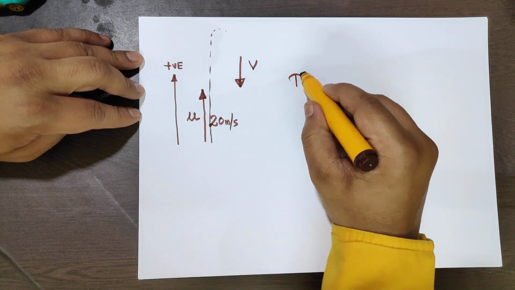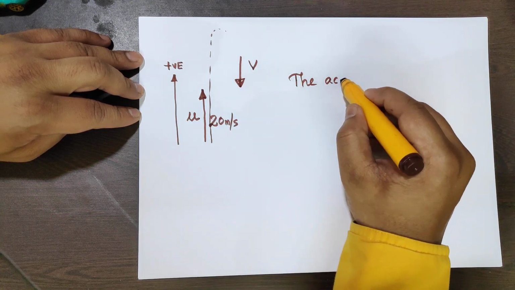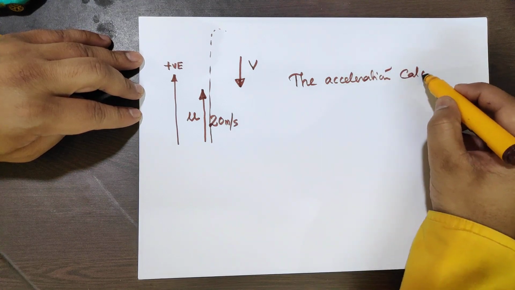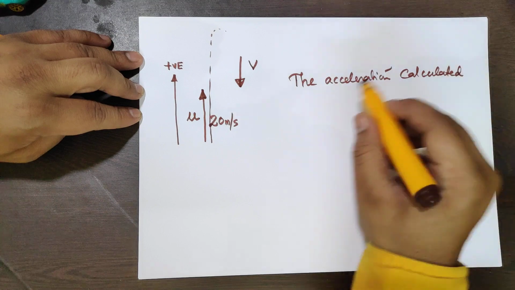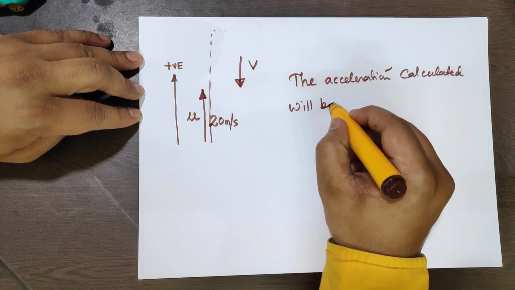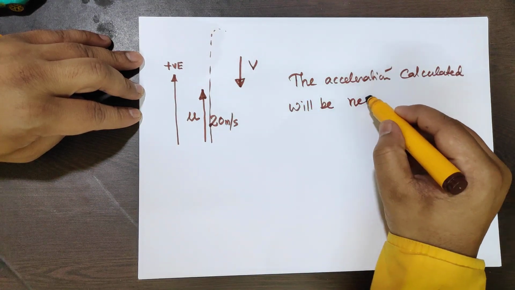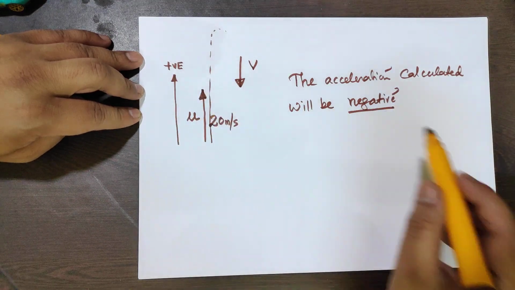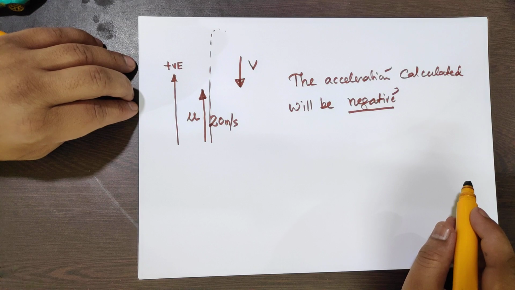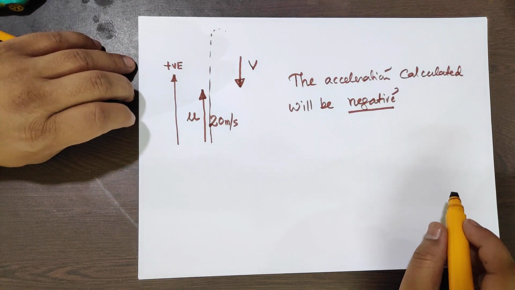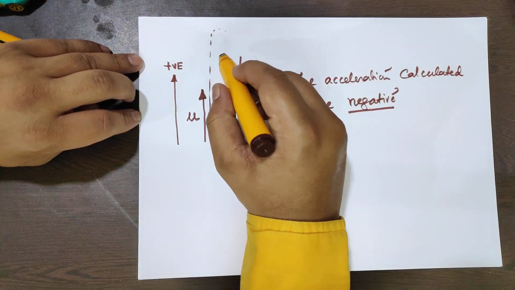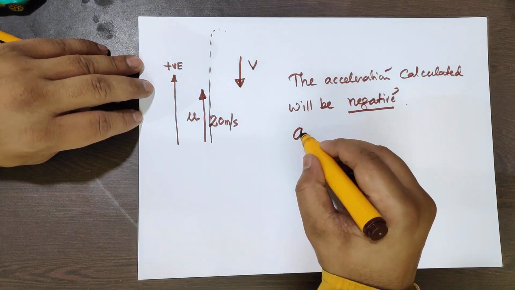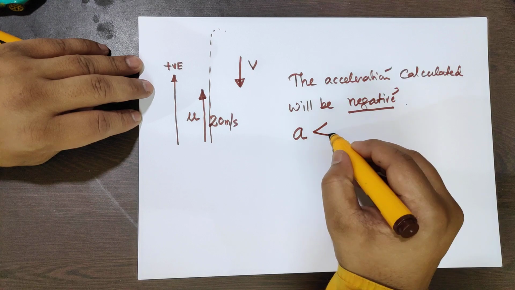So the acceleration calculated here will be negative. Obviously it will be negative, because according to our chosen direction, the acceleration will be negative. Even if velocity decreases in the same direction also, the calculation for a will be negative. So a is less than 0.